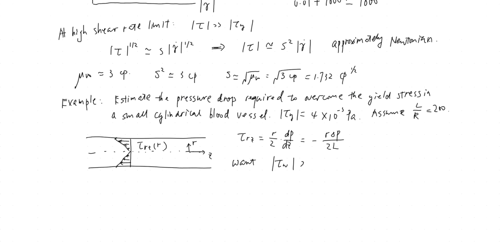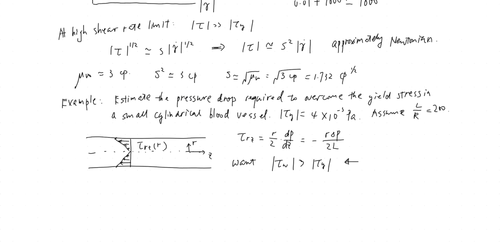Otherwise, if the maximum shear stress in the blood vessel, tau W, is less than tau 1, then there would be no flow motion at all through the entire blood vessel. That would be too bad. So the question asks us how to find the pressure drop delta P so that at least we have this condition satisfied.